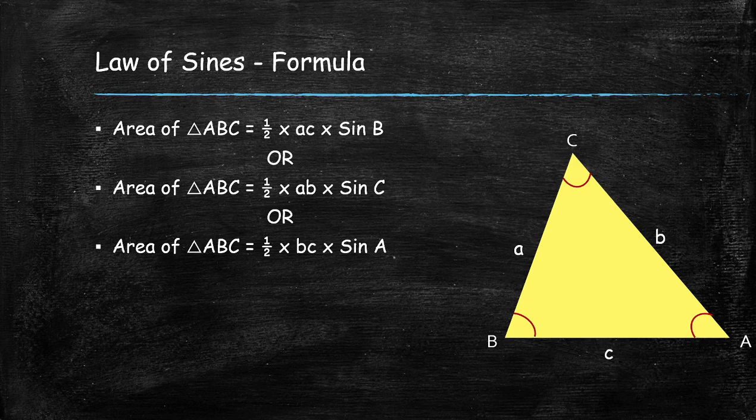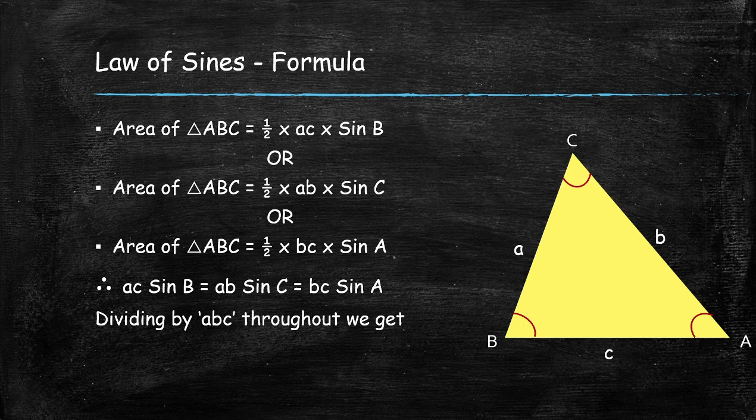As the triangle is the same, the areas are equal. So we can say that AC sine B is equal to AB sine C equal to BC sine A. So the half is being cancelled.